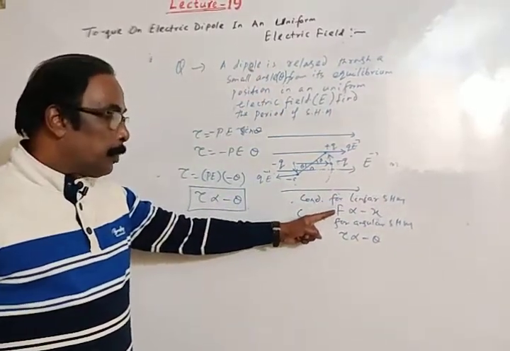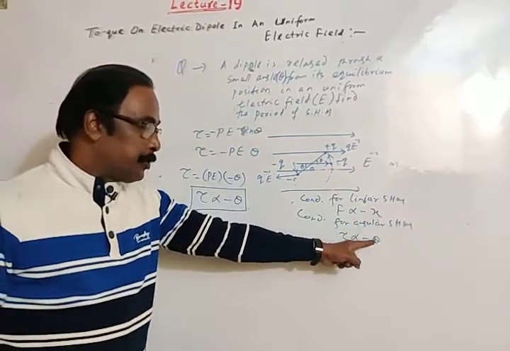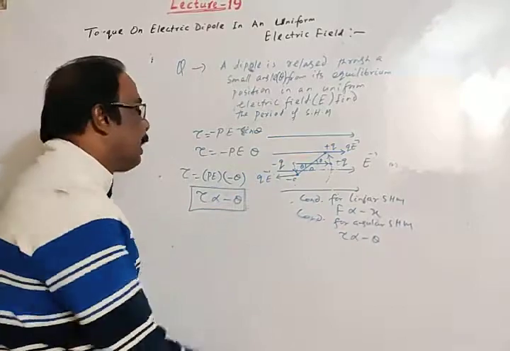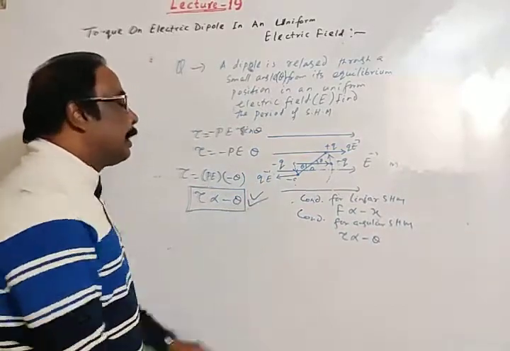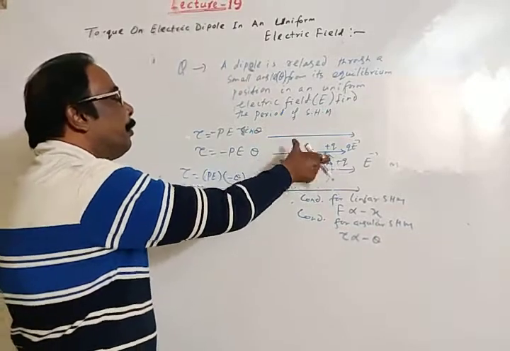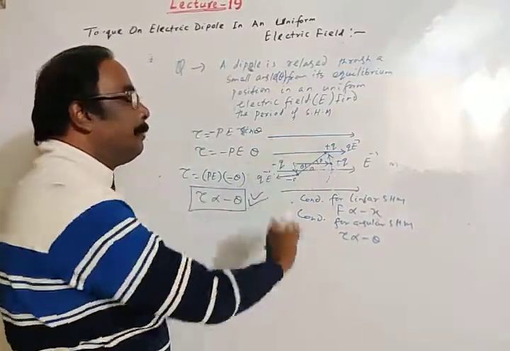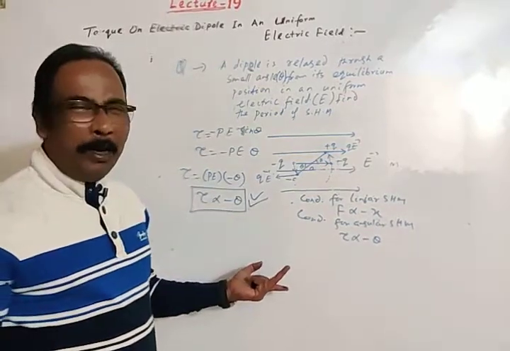For linear motion force, for angular motion torque; linear displacement x, angular displacement theta. So this satisfies the condition of angular SHM. So the dipole will oscillate in the uniform electric field, and we have to find the period of oscillation.